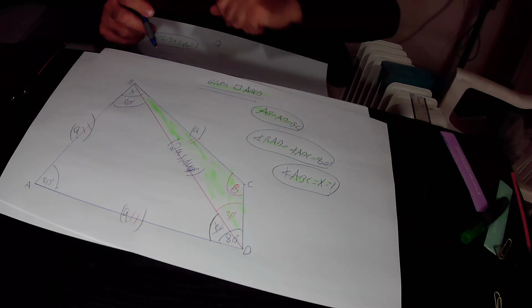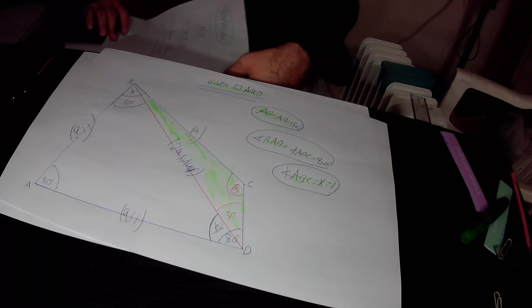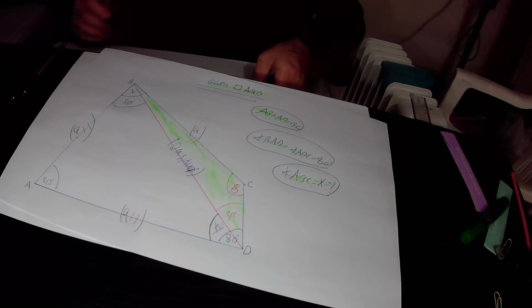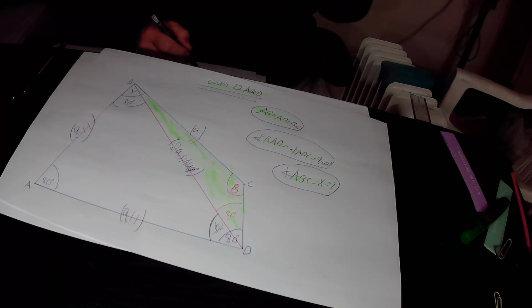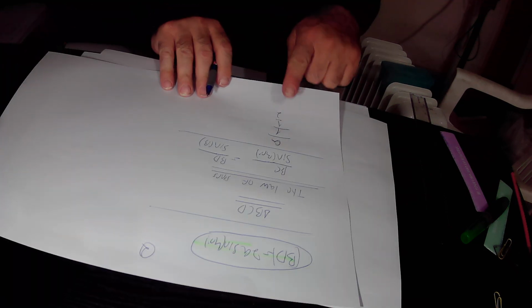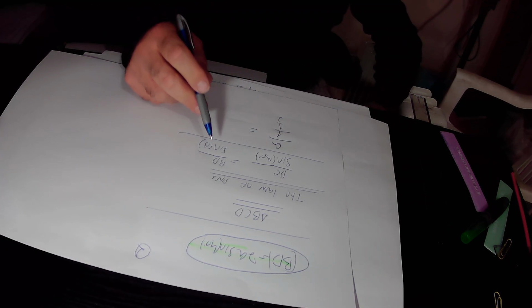BC equals A, so we'll substitute BC by A. A over sine 30 degrees. Sine 30 degrees equals 1/2, so we'll substitute sine 30 degrees by 1/2. So in this side of the equation, we have A over 1/2 equals BD.